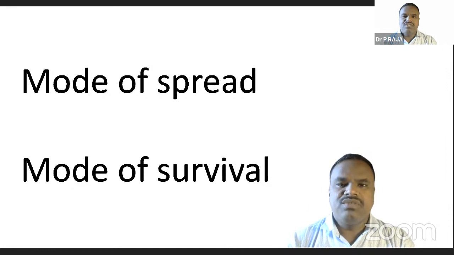So the primary spread is by resting spores present in the soil, and the secondary spread is when water is available in the soil, then these pathogens produce a lot of zoospores. These zoospores are released into the water, and it will carry them.